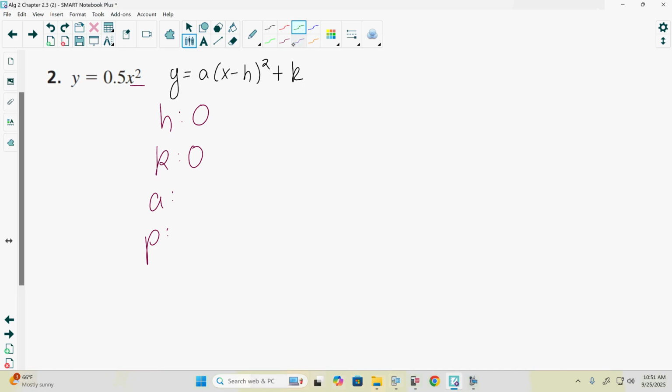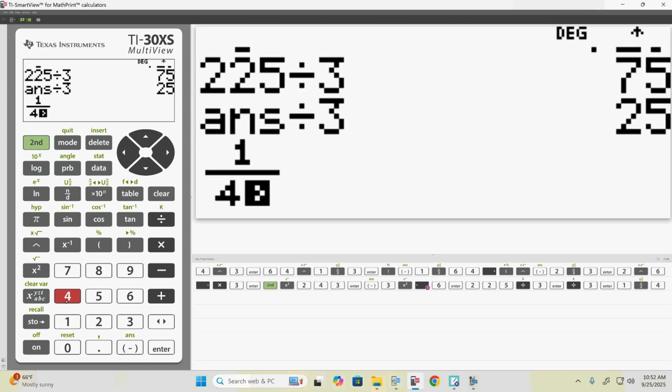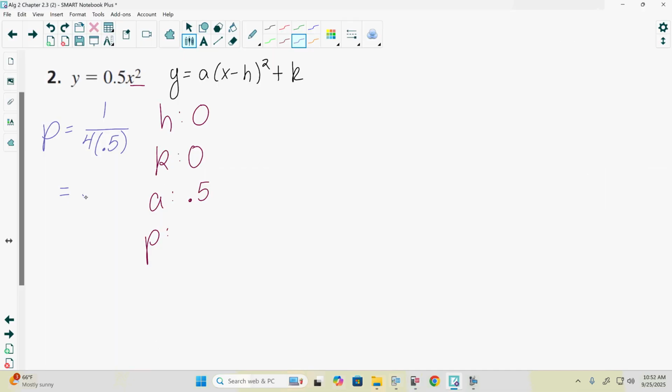It is also telling us that the value of a is 0.5. To find p, p is equal to 1 over 4a. So we'd have 1 over 4 times 0.5, which is, lo and behold, 0.5.